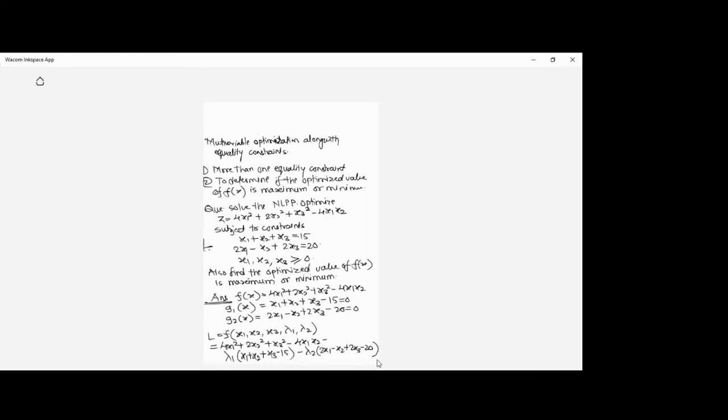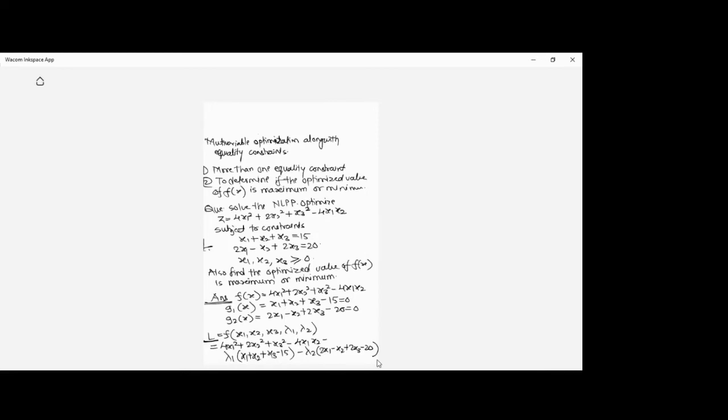Right? So I'm hoping that you have understood this. This is nothing but the Lagrangian function, which is a function of x1, x2, x3, lambda 1 and lambda 2.